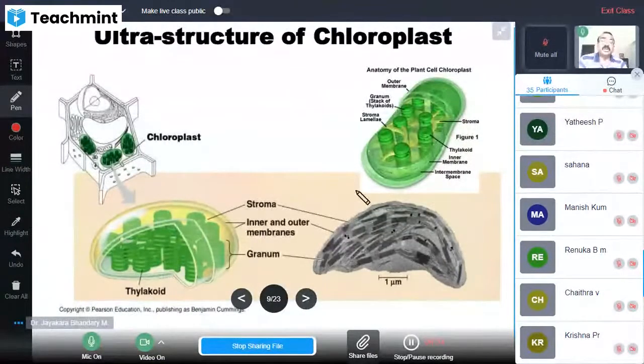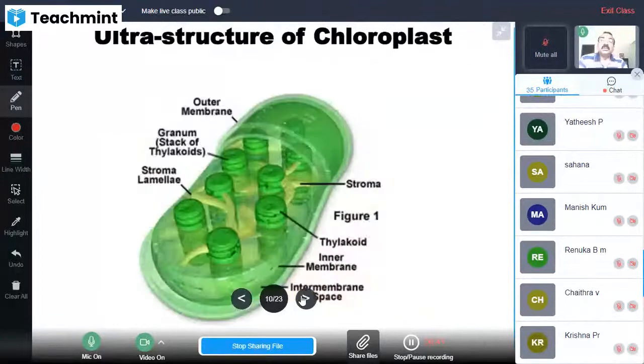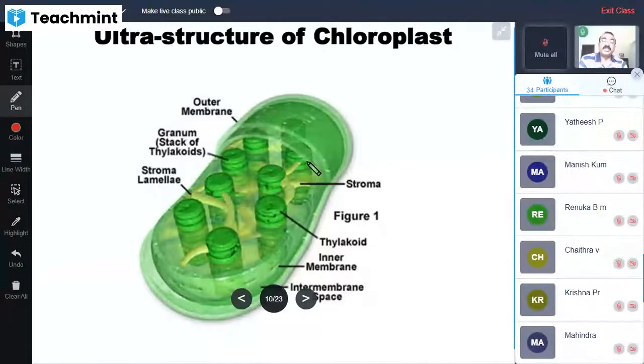This is an electron micrograph of chloroplast structure. So this is a detailed structure. So there are structures called grana inside, covered by an envelope made up of outer membrane and inner membrane, separated by intermembrane space.